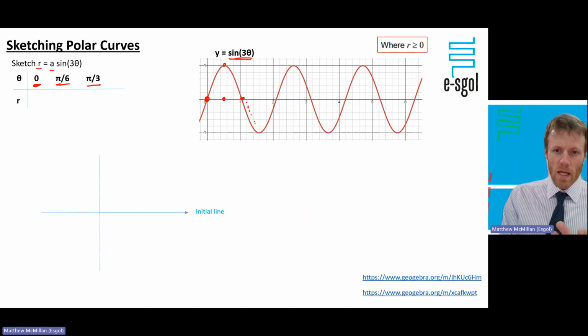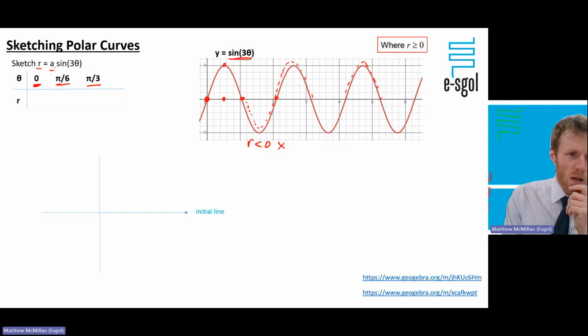These bits down here will give us an r value, potentially an r value less than 0, which we are not going to be expected to plot. And then up here, when we get back round to here, we're just going to get the same thing repeating once, twice, 3 times.